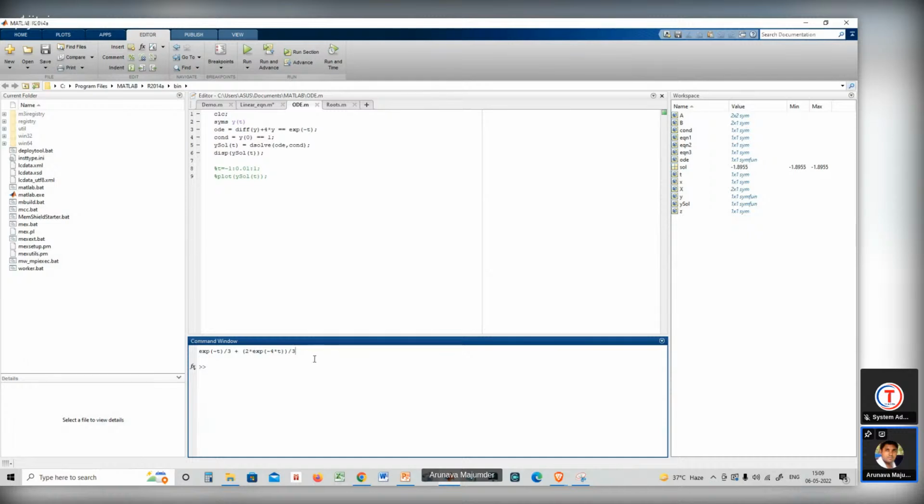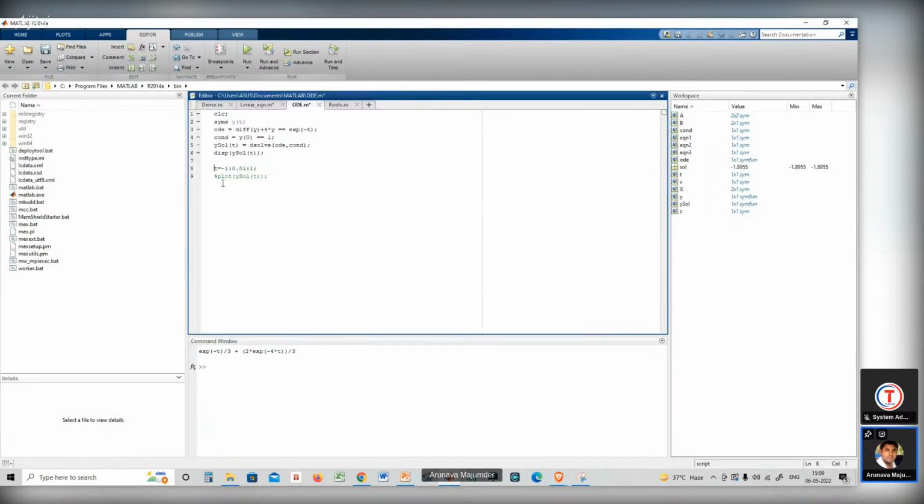Now I told you that this differential equation gives you the function. Since it gives you the function, you can plot it also. So I'm going to plot it now, first by using this.